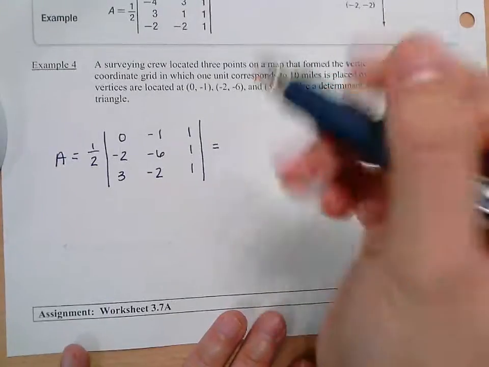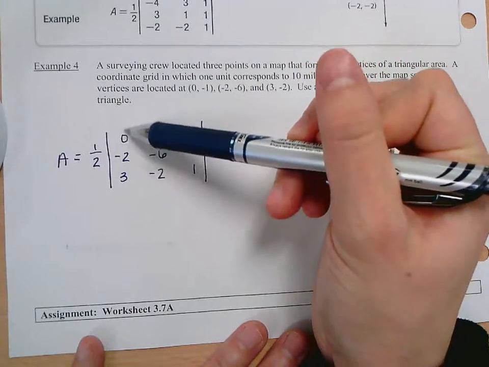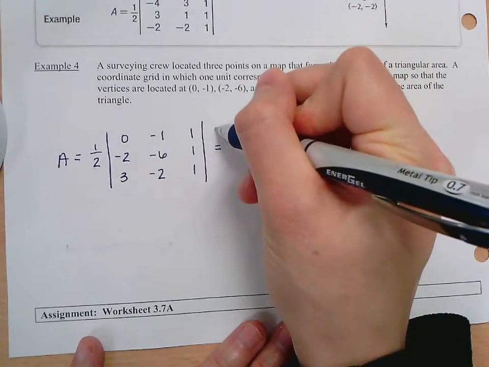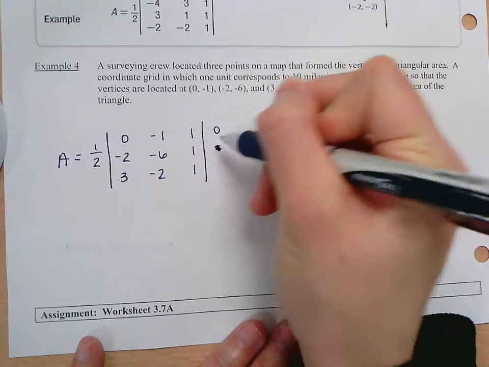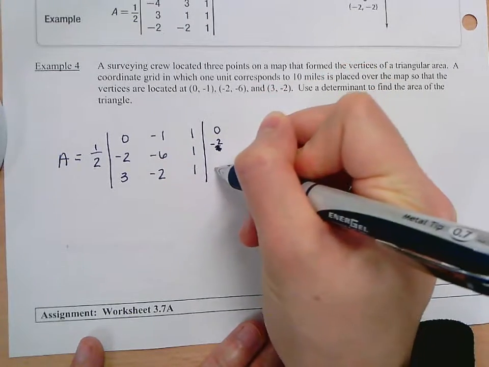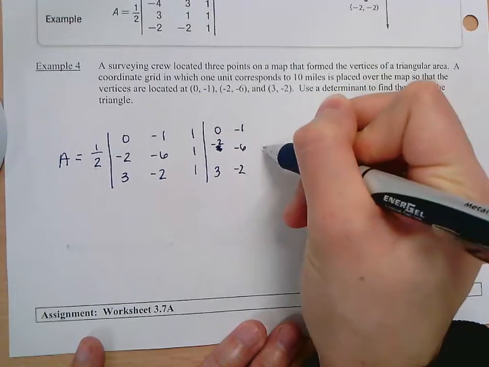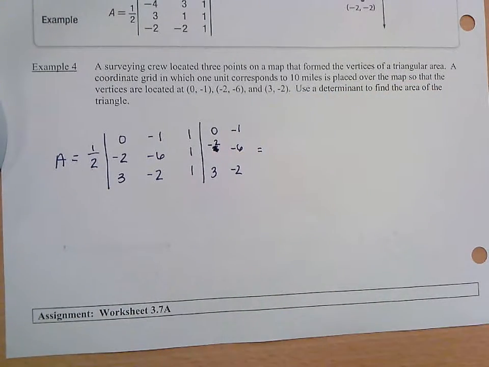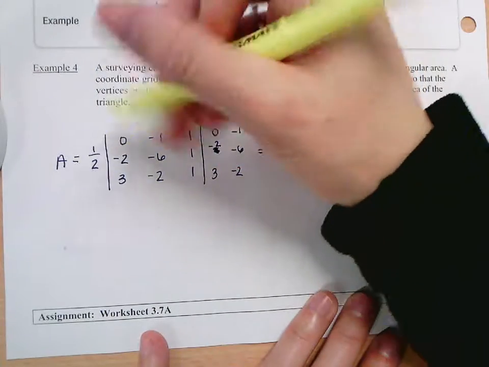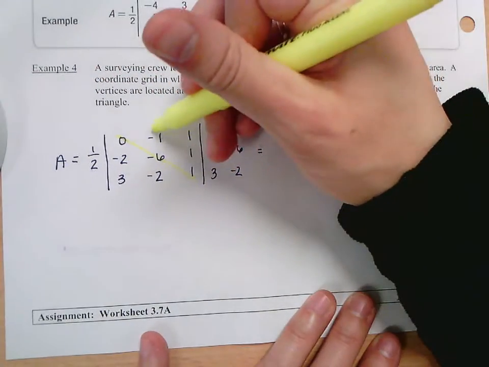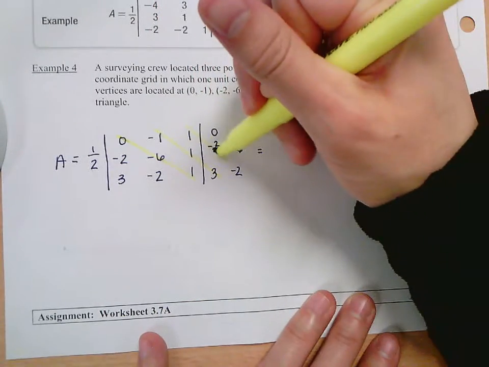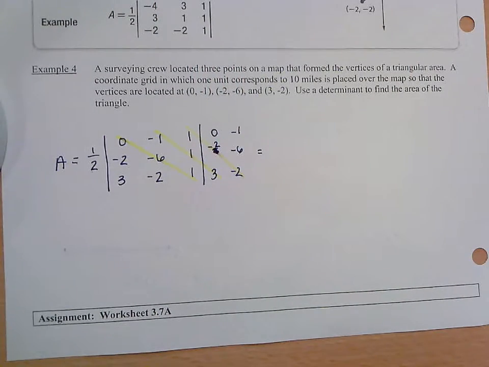So find the determinant first. So actually, I probably should not have written my equal sign. To find my determinant, I need to rewrite my first 2 columns. So get rid of that. Okay, and then my first 3 diagonal products.